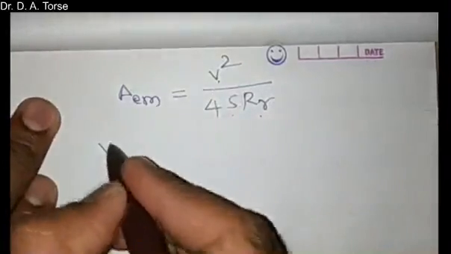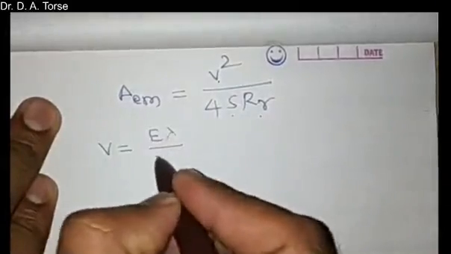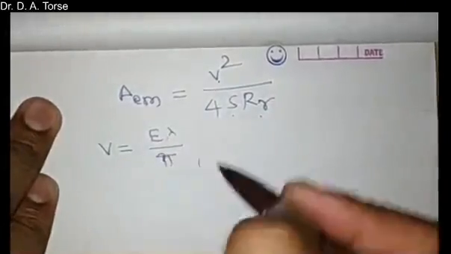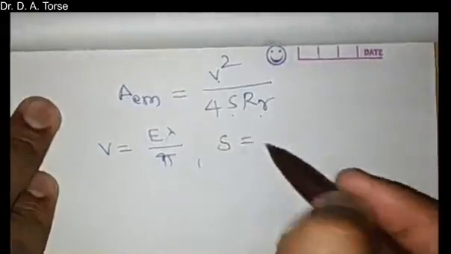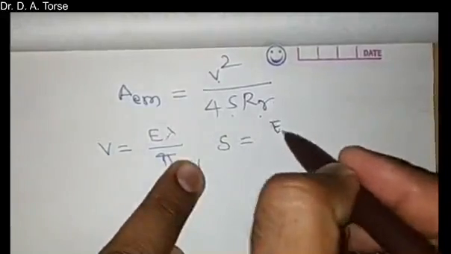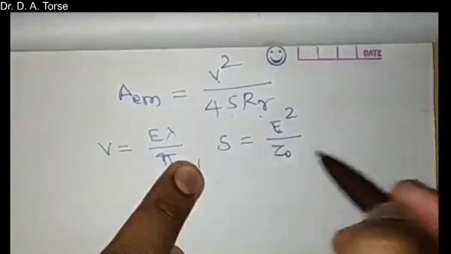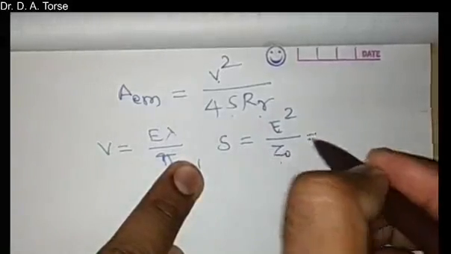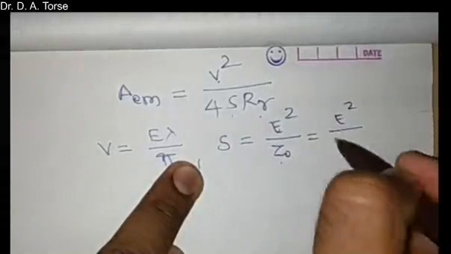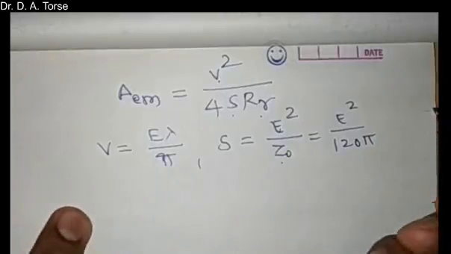So we have computed V as E lambda by pi. We have defined S in the previous derivation as the induced field square divided by Z0, where Z0 is the intrinsic impedance of free space, and its value is 120 pi.